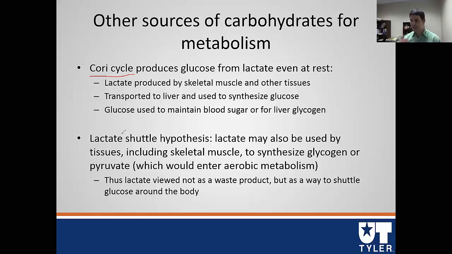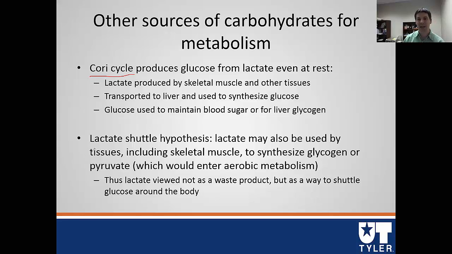The other theory is the lactate shuttle hypothesis. This was proposed by George Brooks, who's really famous in the field of exercise physiology. He says that not only can we send lactate to the bloodstream, but if we have muscles nearby that are happy to use lactate, then we can use it in nearby tissues, including skeletal muscle, to synthesize glycogen, so convert it back to glucose and into glycogen, or we can take it back to pyruvate.